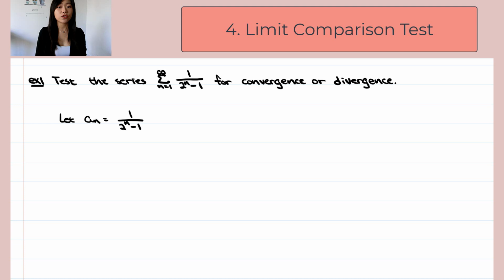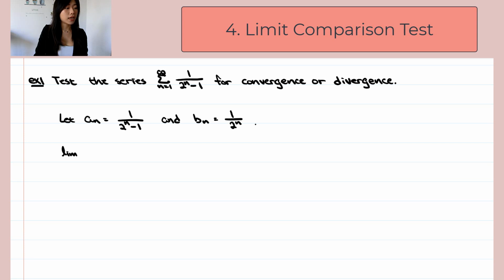So that is the hint to compare with the geometric series. So I'm going to let my second series have terms b_n equals 1 over 2 to the power of n. Then let's compare the limit of the ratio.